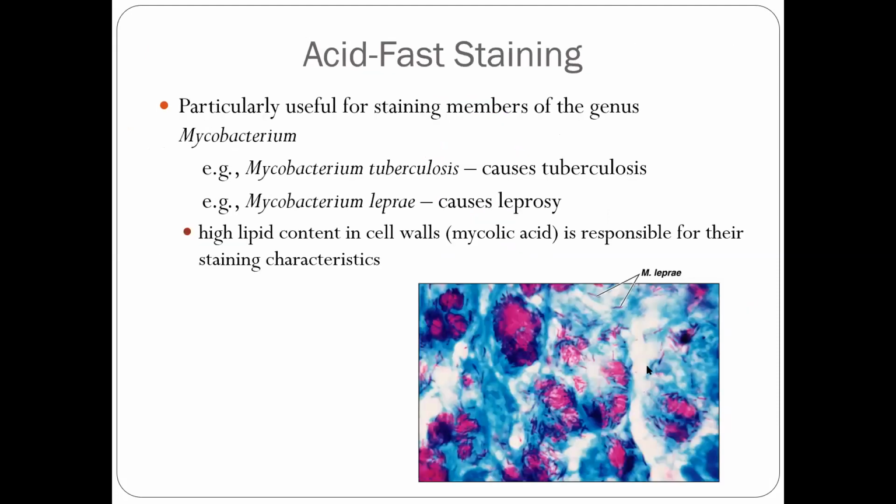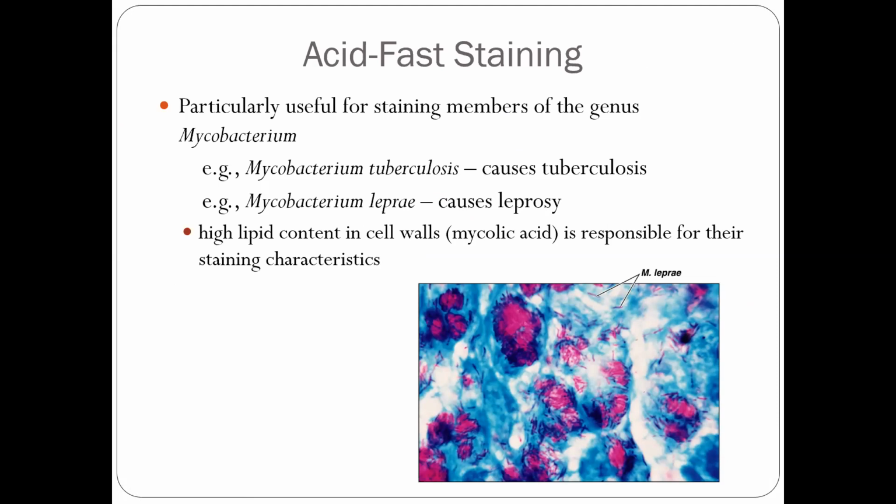Now, acid-fast stain. Acid-fast stain is used for testing a very special bacteria called Mycobacteria. Because Mycobacteria have mycolic acids, which are long chain fatty acids in the cell wall. Because of the mycolic acid, the cell wall is very waxy, so we call it a waxy cell wall. So the general dye cannot come in.